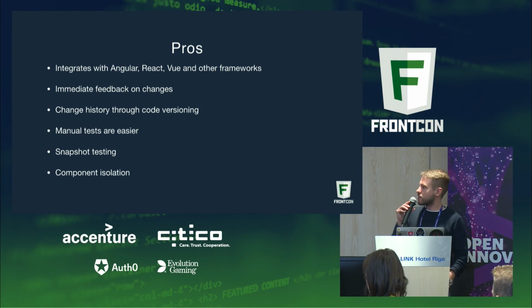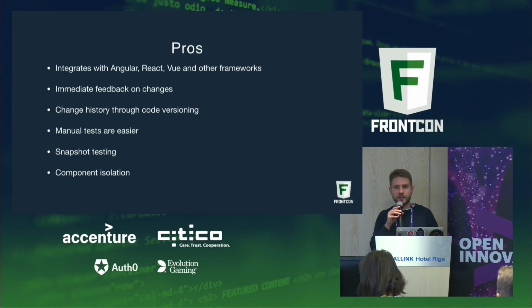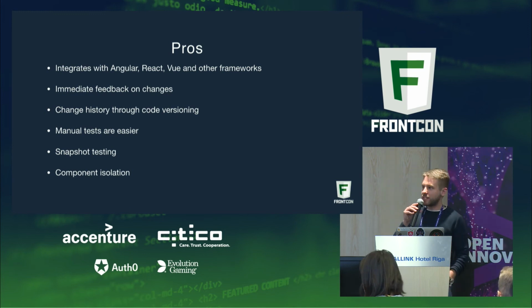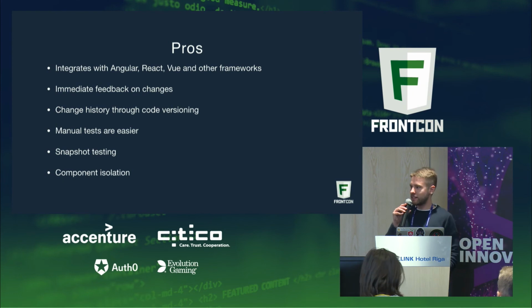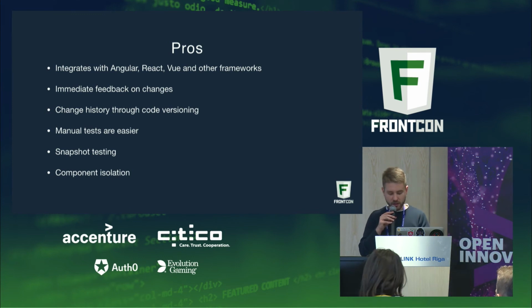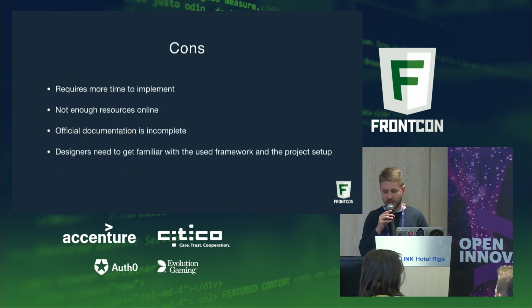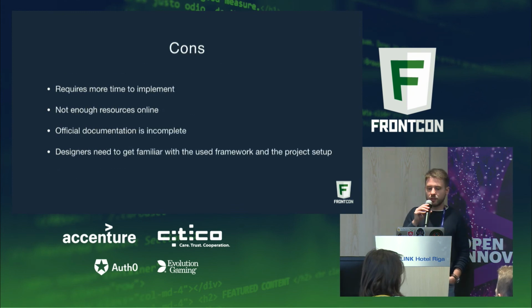Basically, as soon as a new issue arises on a component, we try to cover it up with Storybook. So basically having test cases in Storybook helps a lot. As you saw, there are different ways of how you can include this, but component isolation is one of the most important things there. So there are problems, right? It's not a silver bullet.